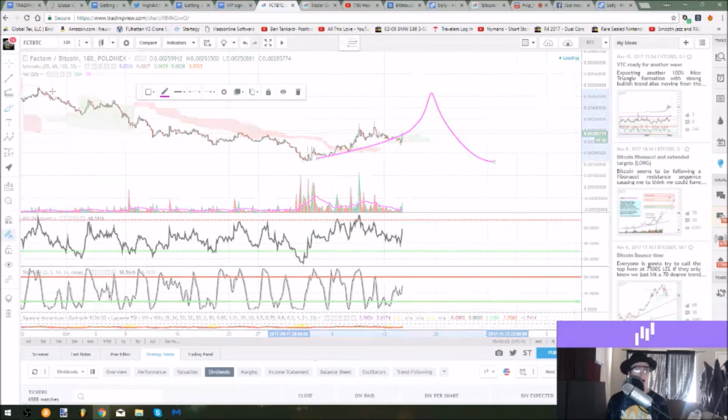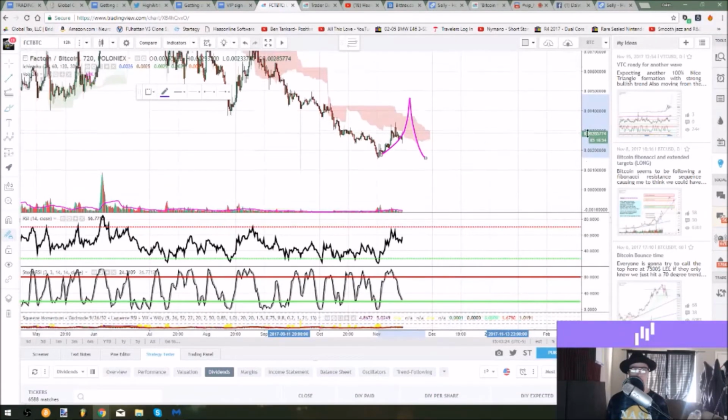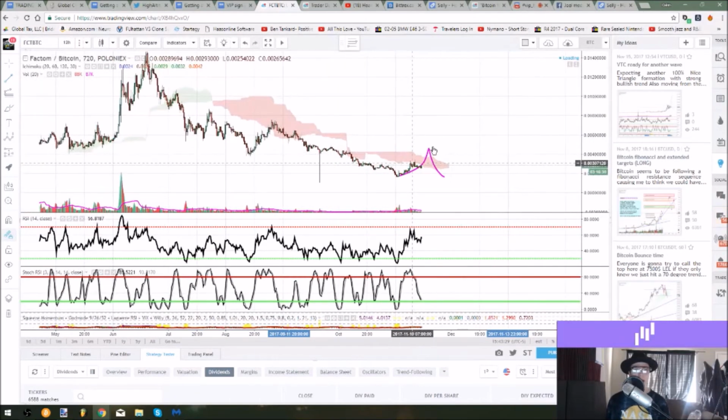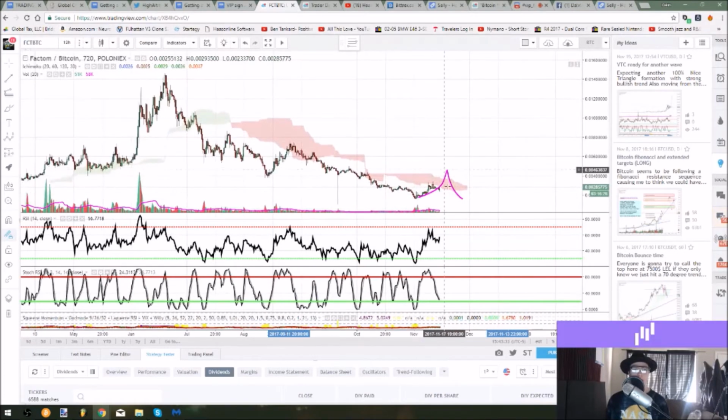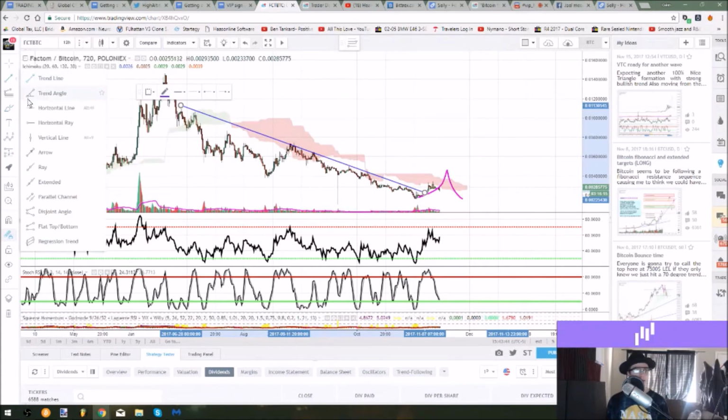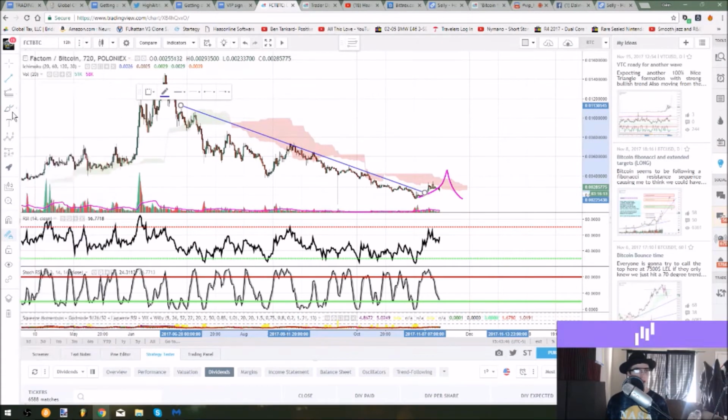Let's look at the 12-hour just to draw our downtrending resistance line. They usually break out of that 12-hour cloud and then fall back onto support. And here is that downtrending resistance line that we broke out of, and here is the buy zone for Factum.